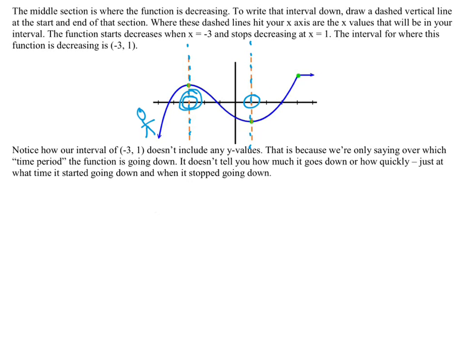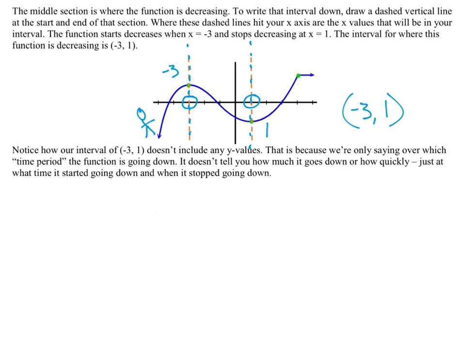So here on the left side, at 1, 2, 3, 3 minutes ago, or x is -3, he started going down. And then he stopped going down right here, which is at x equals 1, or 1 minute in the future. So 3 minutes ago he started going down, 1 minute in the future he stopped going down, and so that's my interval. I'm going to write out -3, 1.